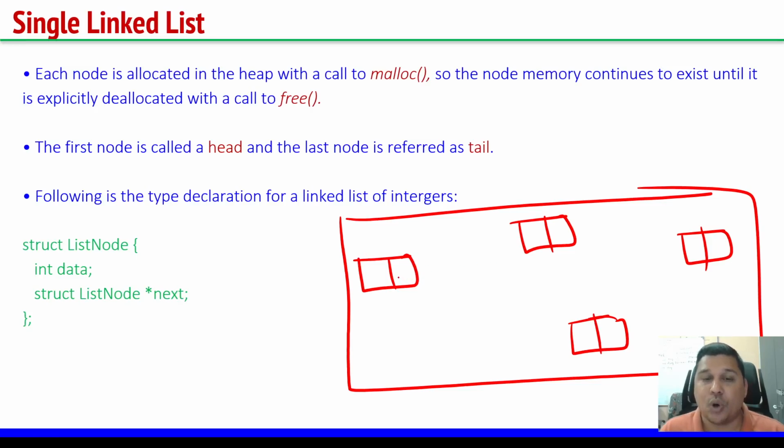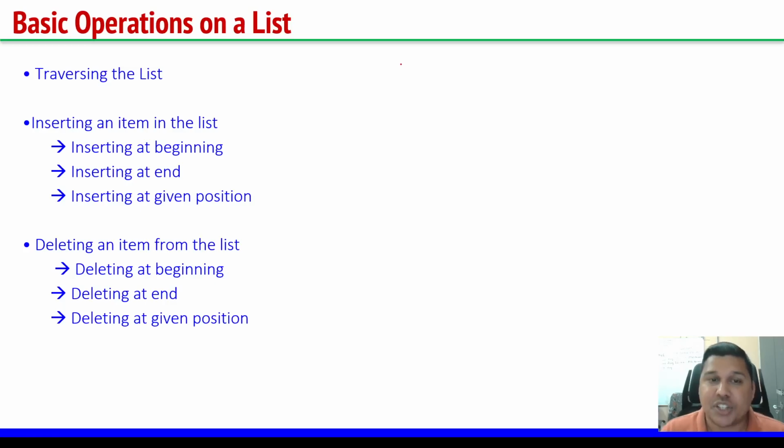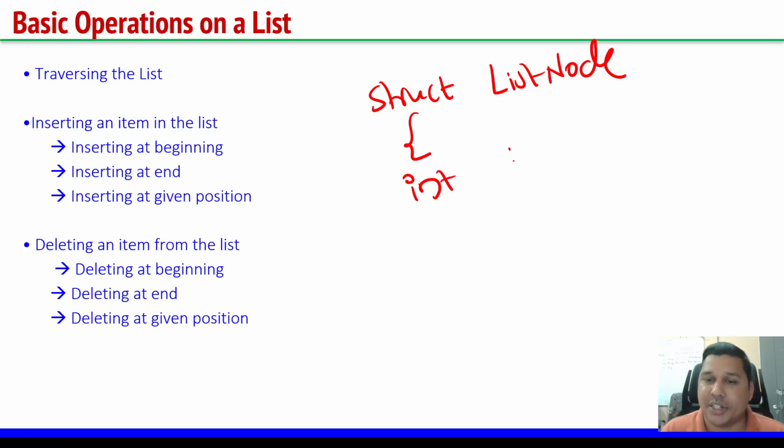I have to create blocks. Why? We know that each node of a linked list has two parts. That is why my structure definition of the linked list is struct list node, some name here. What am I giving? I am giving int data, to store the data part, and I am creating a pointer variable, int star next.